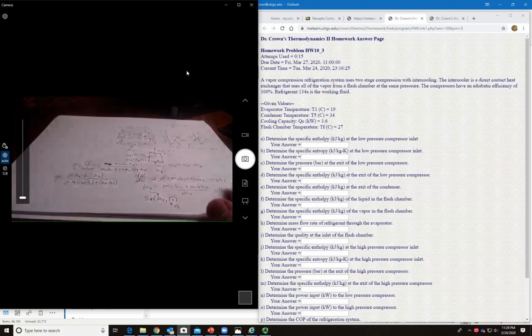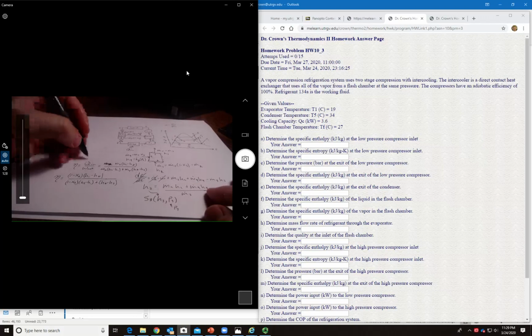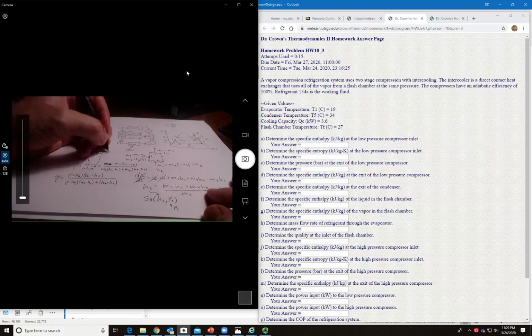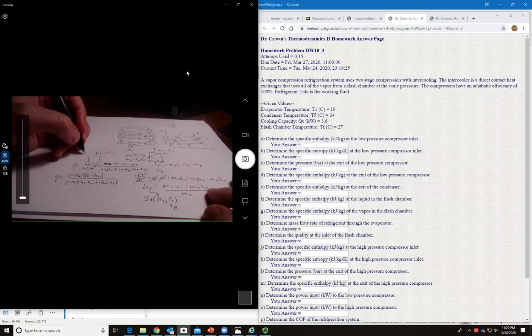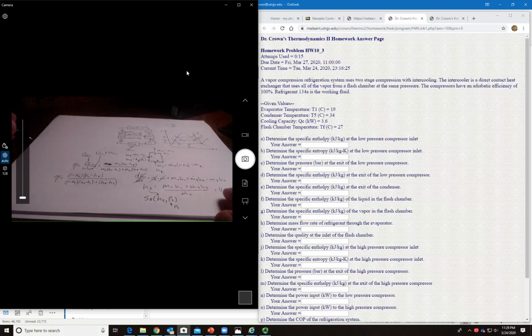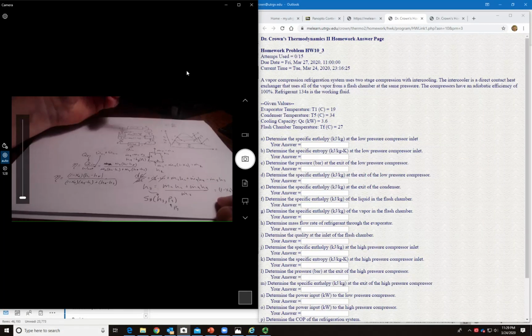And if you use that, you should get the same values if you calculated the Q, and then the net work would be the power for compressor 1 plus power for compressor 2. And this would be Q_H, which is shown right here.